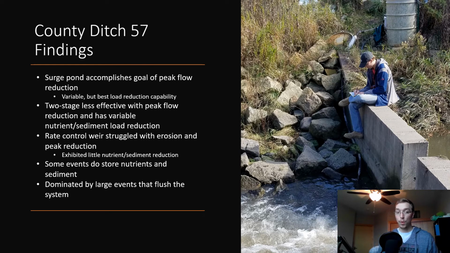The rate control weir, that weir that I showed you with the water rushing through it, struggled with erosion and peak flow reduction, and it exhibited little to no nutrient and sediment reduction. And we saw that some events did store nutrients and sediment. That's what we wanted to see. And then we saw that once you had a big storm roll through, the entire system just flushed out, and all that stored sediment and nutrients was just washed into the next river down.